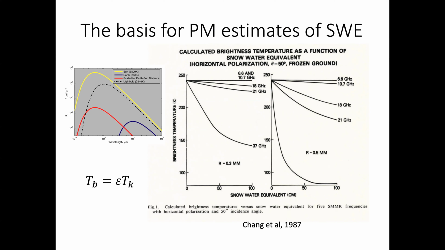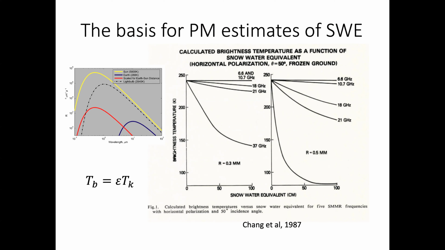The lower frequencies are relatively unaffected by the volume of the snow. So you see the 6.6 and 10.7 gigahertz channels on the tops of these graphs, as you move from left to right for increasing SWE, have about the same brightness temperatures for more SWE and less SWE.